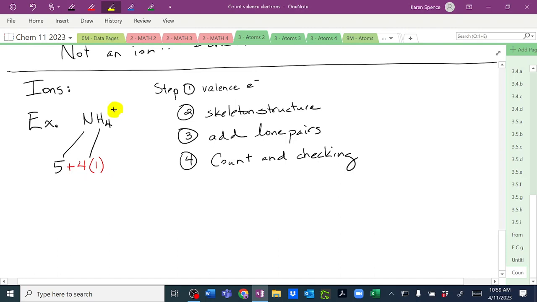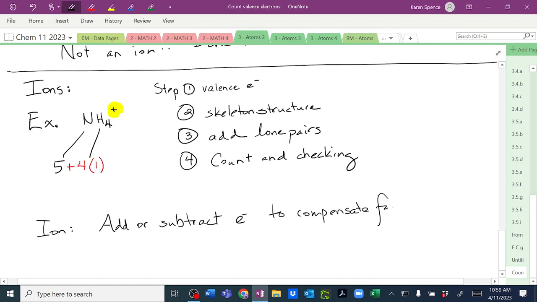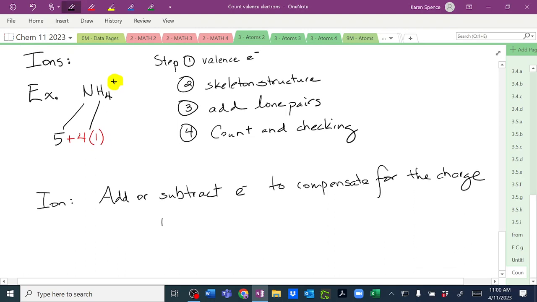When you have an ion, you either add or subtract electrons to compensate for the charge. If you have a +1 charge, does that mean you gained an electron or you lost an electron? That means you lost an electron, therefore you're going to subtract 1 electron.